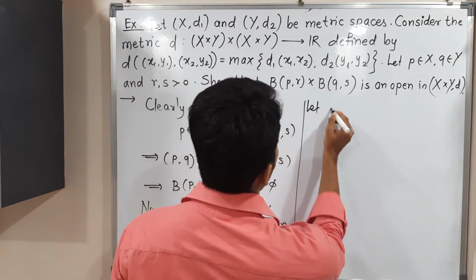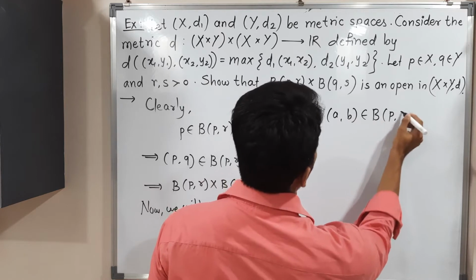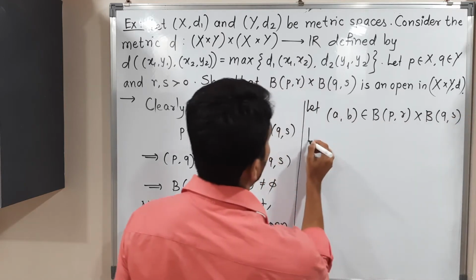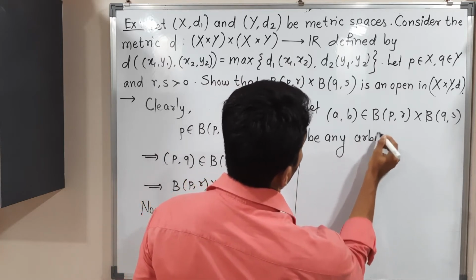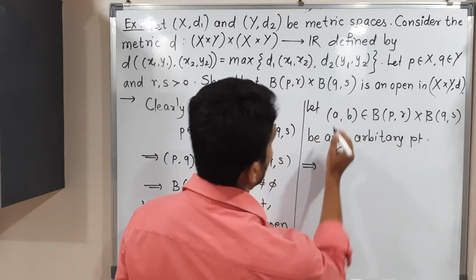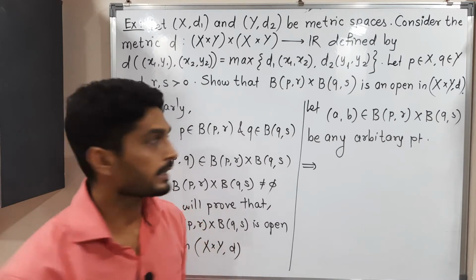So let me take one point (A,B) belonging to B(P,R) cross B(Q,S), any arbitrary point. So that means what can we write? Tell me. The first point lies in the first ball and the second point lies in the second ball.